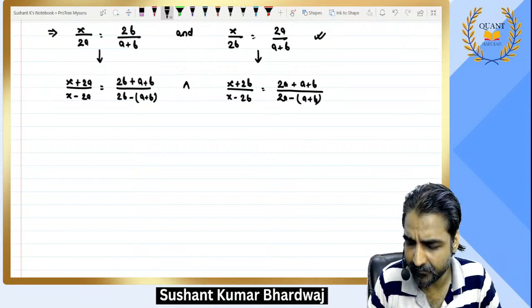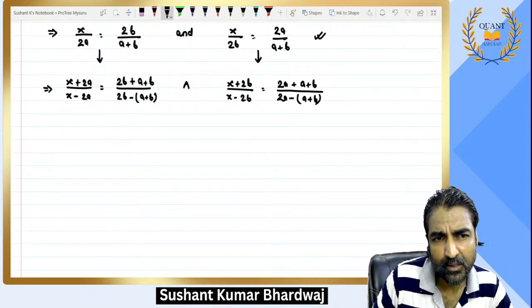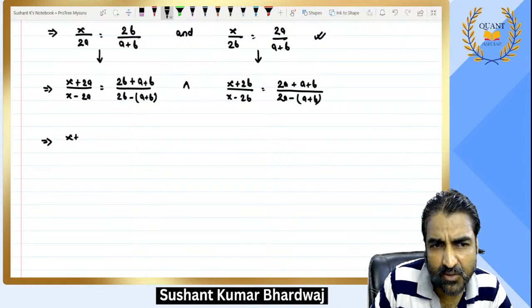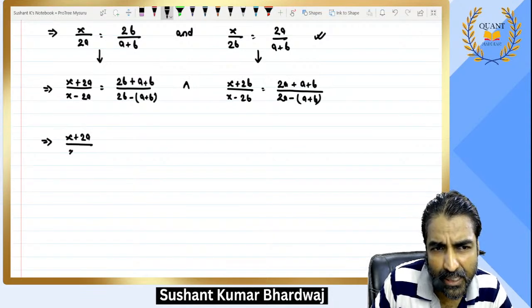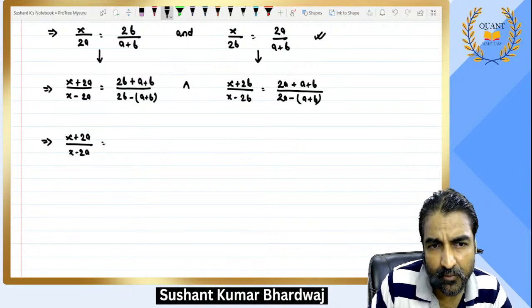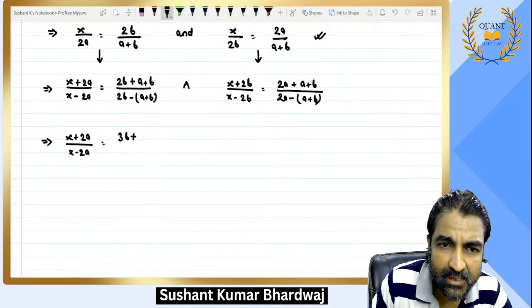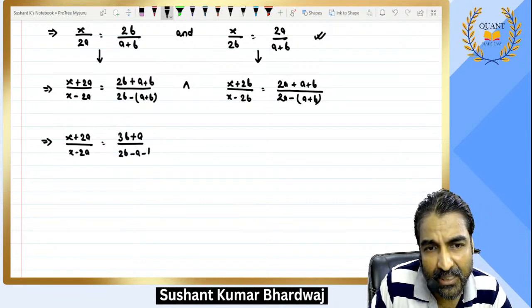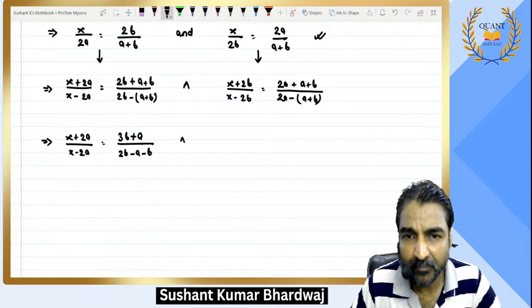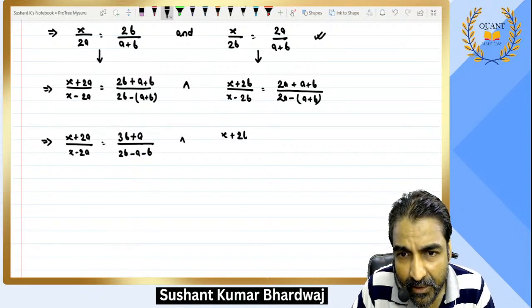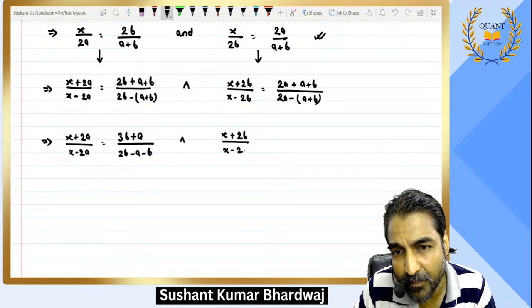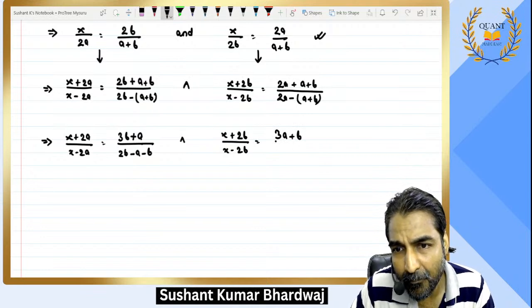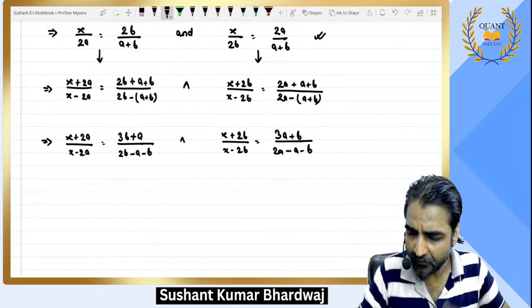Is that clear? Now this implies x plus 2a upon x minus 2a is equal to 3b plus a upon 2b minus a minus b, and x plus 2b upon x minus 2b will be equal to 3a plus b upon 2a minus a minus b. Is it clear?